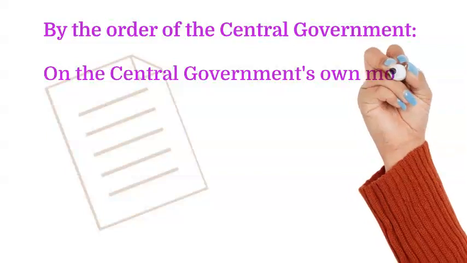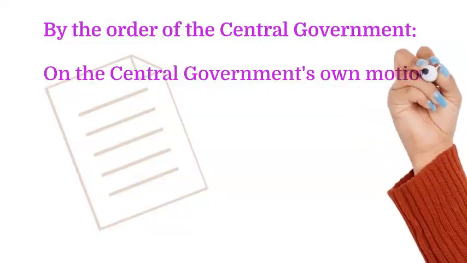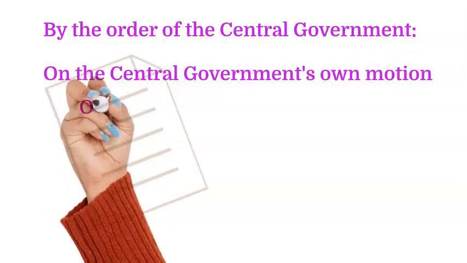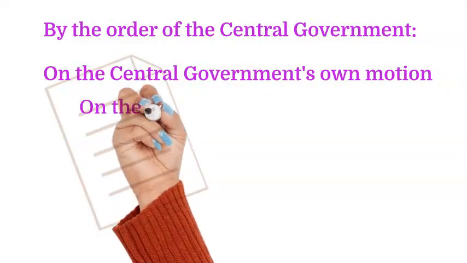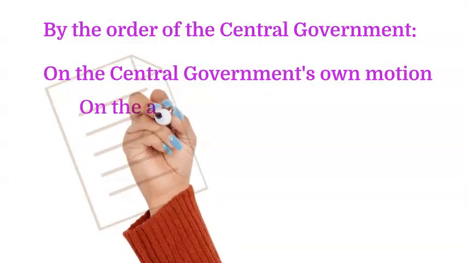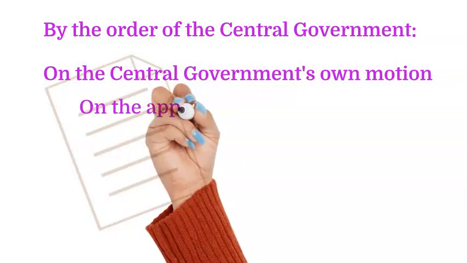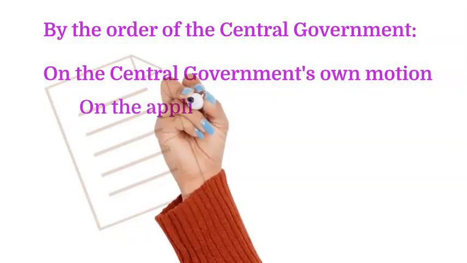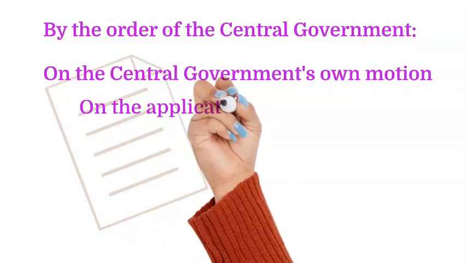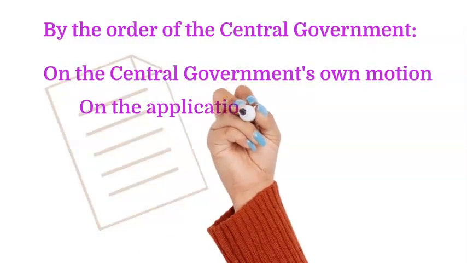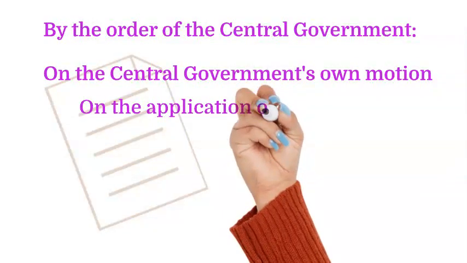On such direction, the company shall change its name within 3 months from the issue of such directions by passing an ordinary resolution in the general meeting. Ordinary resolution means a resolution passed in a general meeting by simple majority of the members.